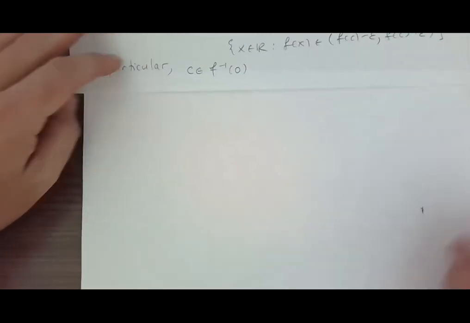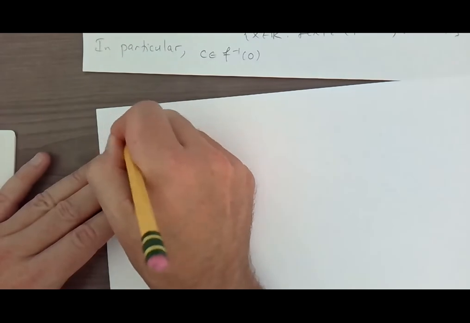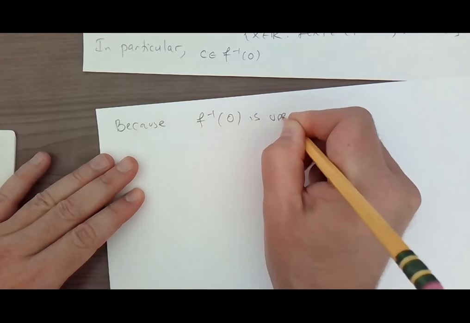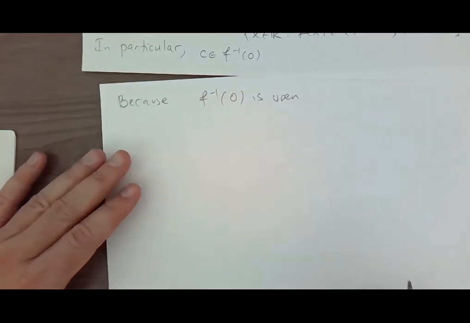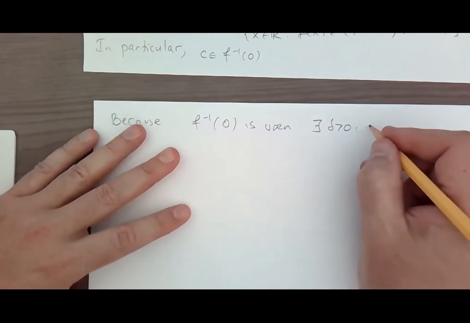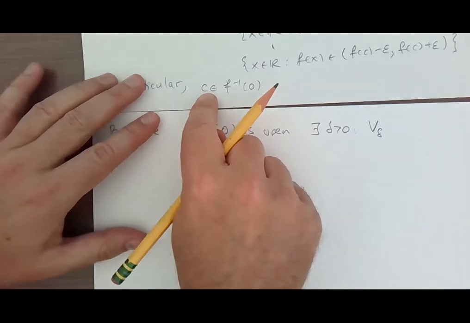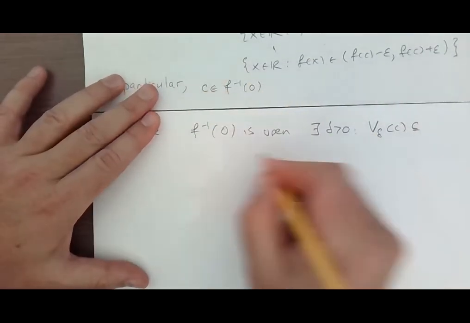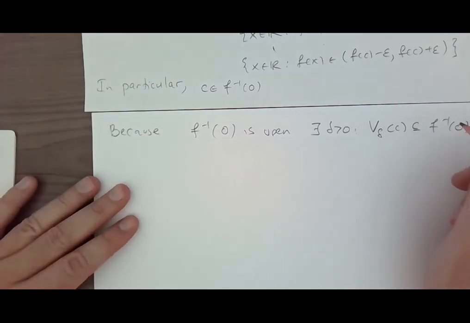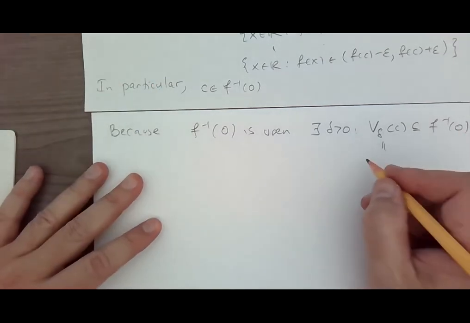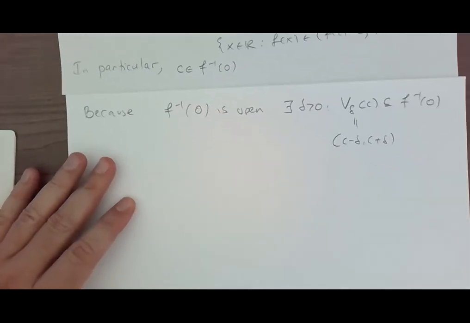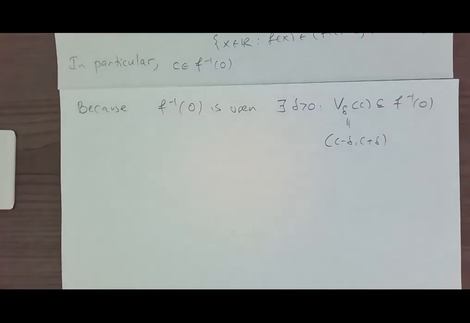Because f minus 1 of O is open, I can find a delta such that the ball around the point is inside f minus 1 of O. But what is the ball? Well, it'll be c minus delta to c plus delta. That's how our open balls look in R.